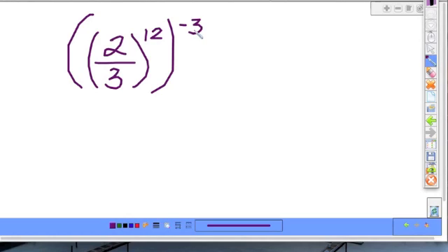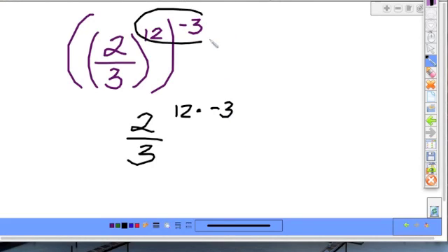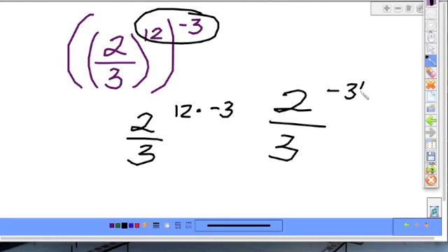So what that looks like is I take my 2/3, which is my base number, and I'm going to do 12 times -3, just like I've been doing. I'm going to multiply these together, which is going to give me a final answer of 2/3 to the -36th power. And that's my final answer. That's it. So don't let the negatives and everything throw you. Still go ahead and solve the problem just as is.